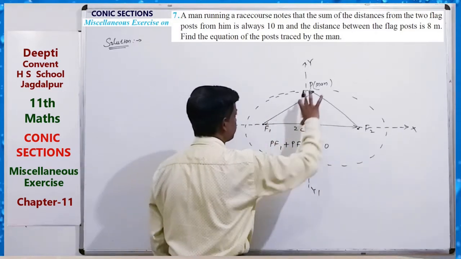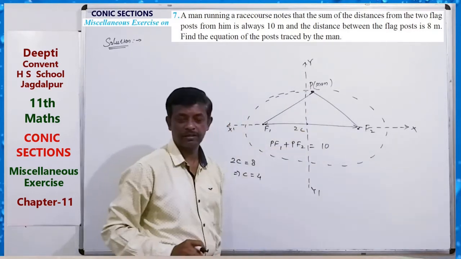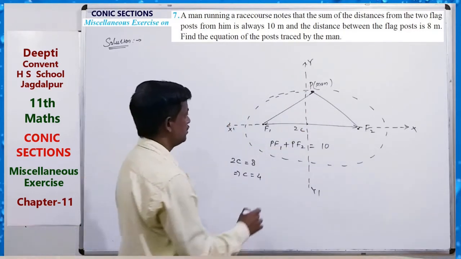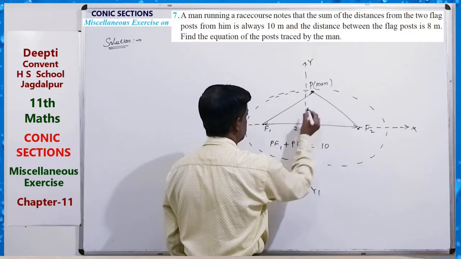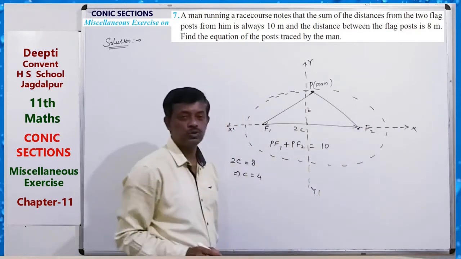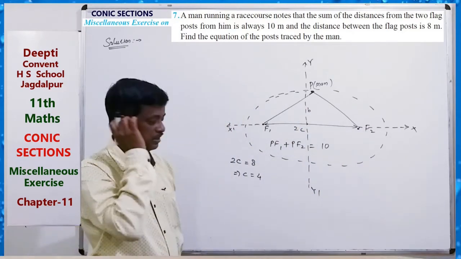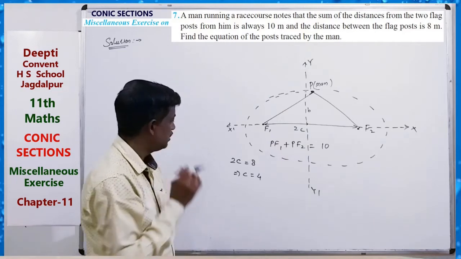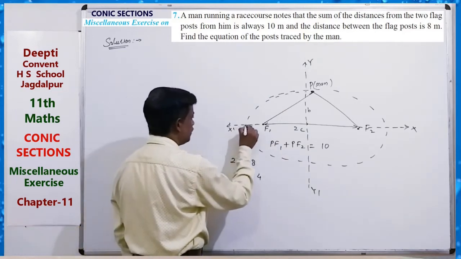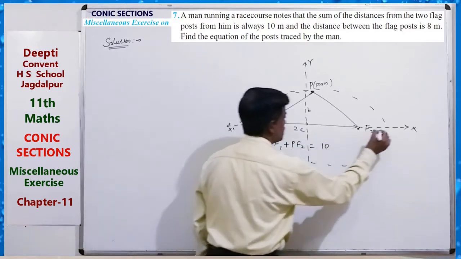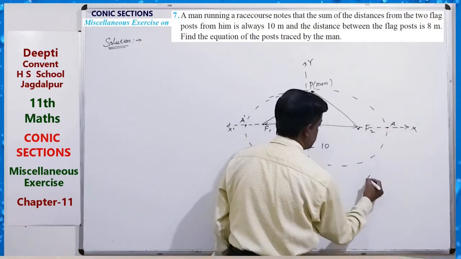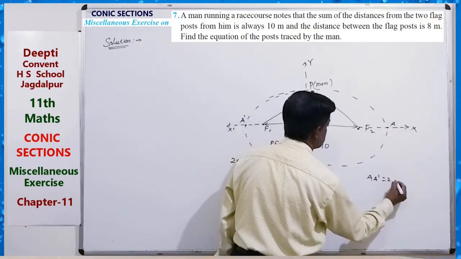And this is b. This distance is b, and the total distance is 2a. So here one more thing is given: this is a dash, this is a, so a dash equals 2a.